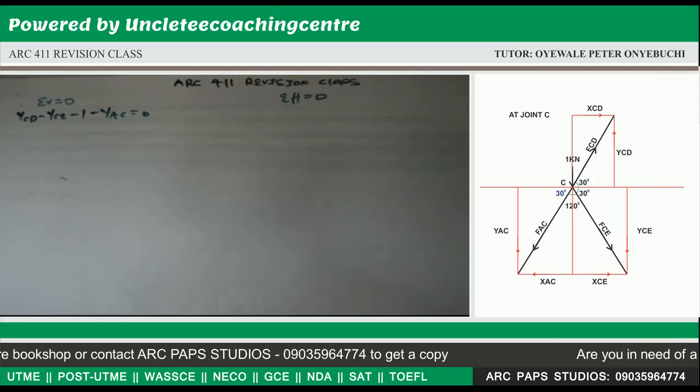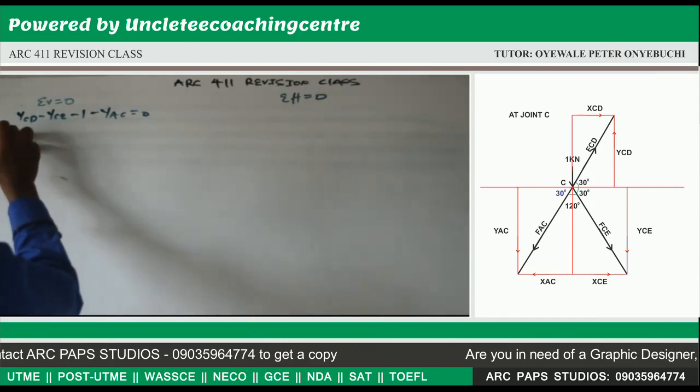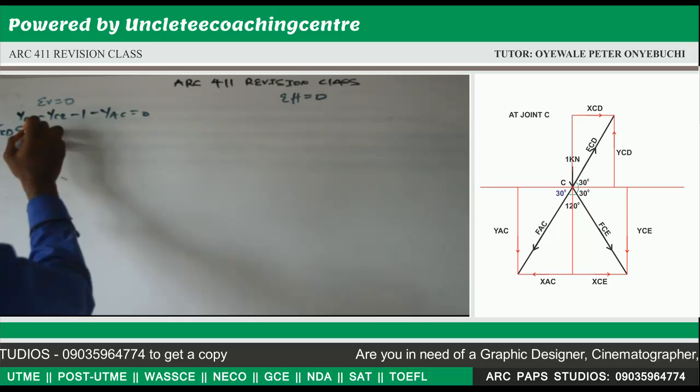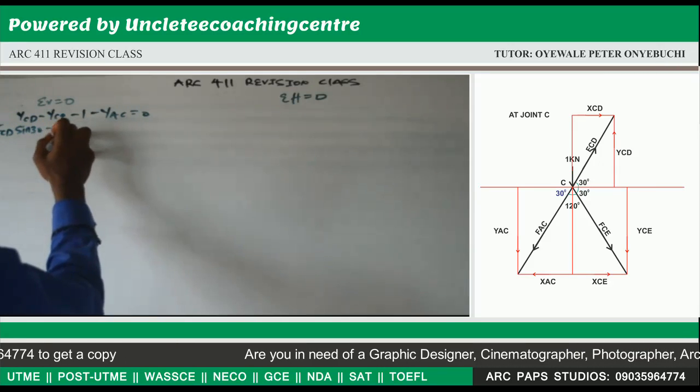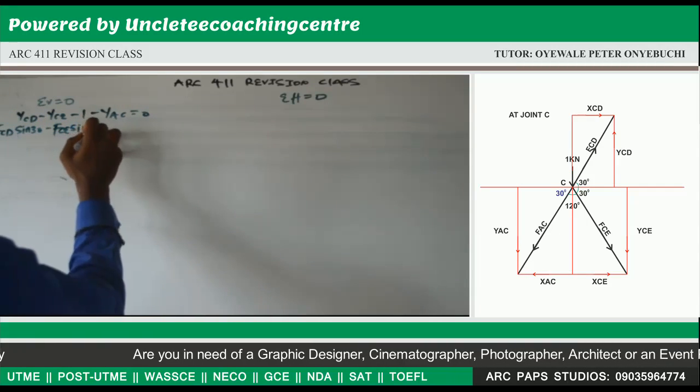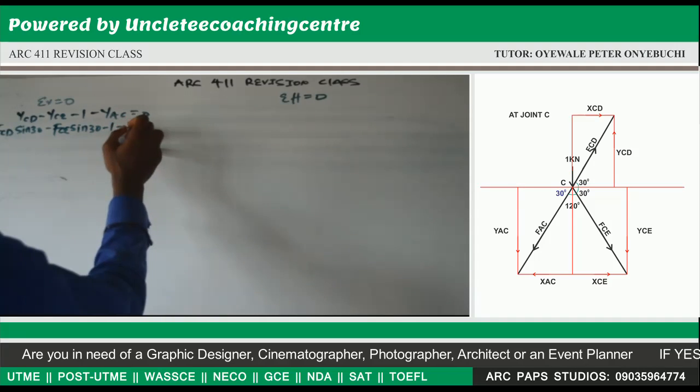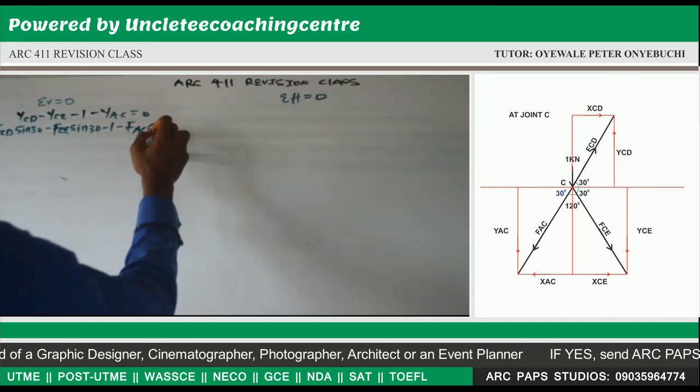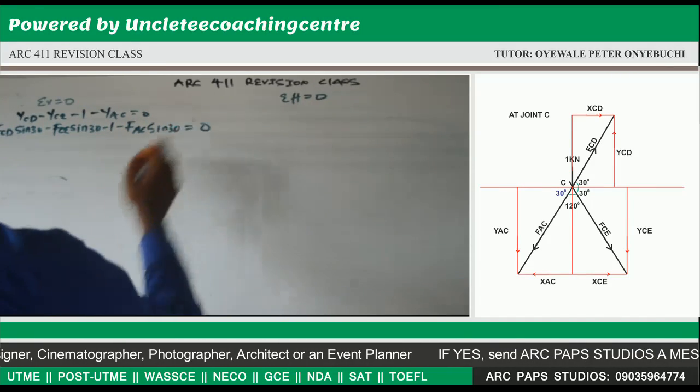Now, let's resolve that. FCD sine 30 minus FCE sine 30 minus 1 minus FAC sine 30 will give us 0.